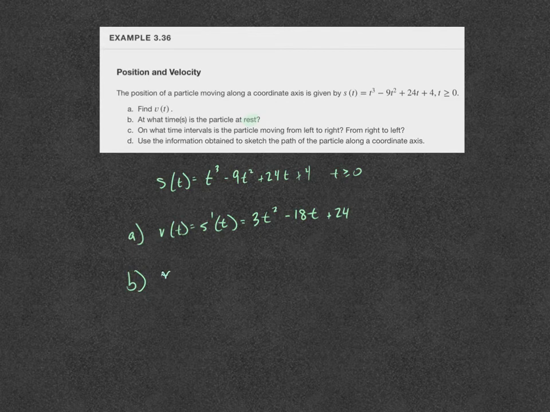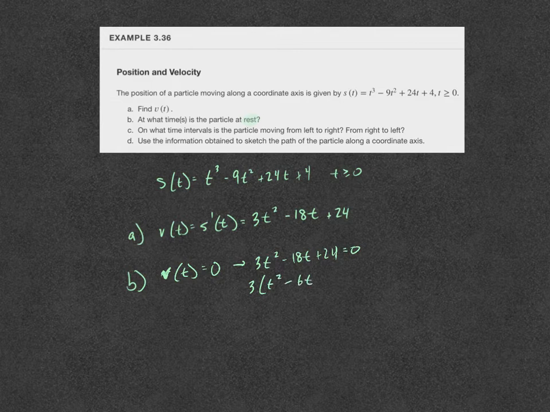V of t, we'll set it equal to 0. So that looks like this: 3t squared minus 18t plus 24 is 0. I think I have a common factor for each of these terms. That should make the factoring step even easier. 18 divided by 3 is 6, 24 divided by 3 is 8.